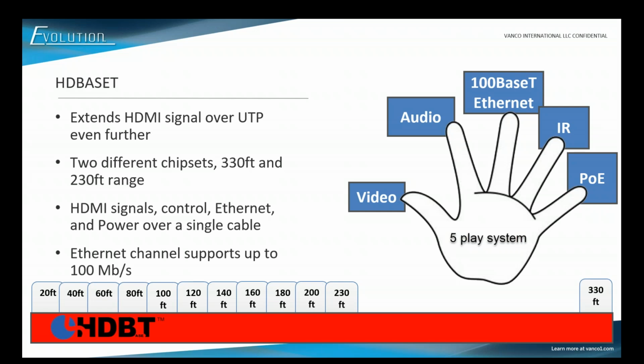The other advantage with HDBaseT is we can push 4K. Now, your standard HDMI extension can now do 4K. However, HDBaseT for the longest time was the only extension that was capable of doing 4K. So we can go even longer with HDBaseT. If you've got some applications where you need to go up to 330 feet, HDBaseT is the answer.